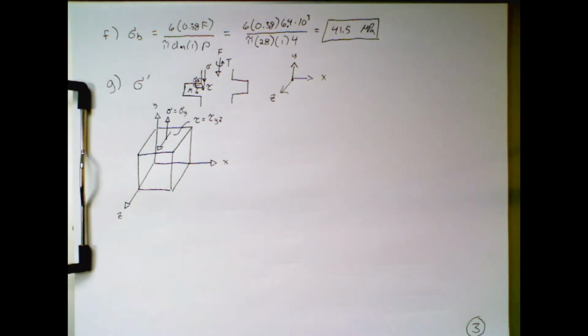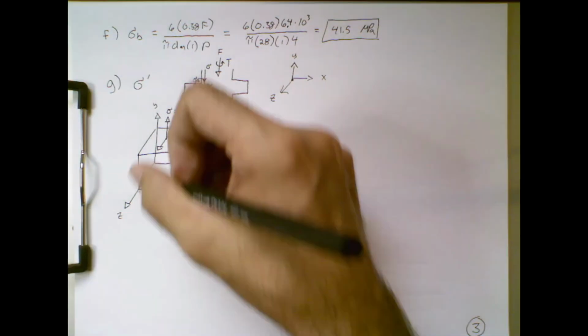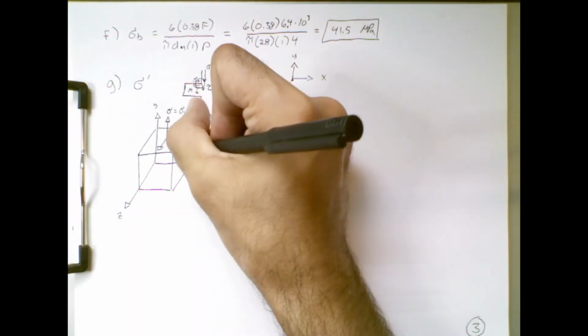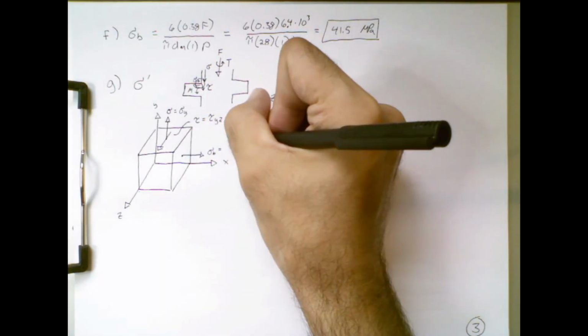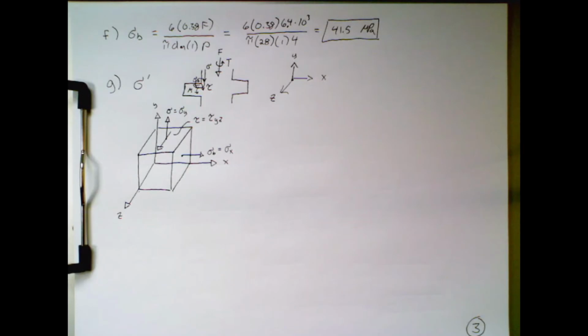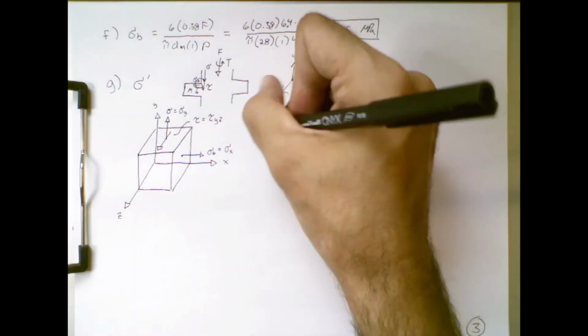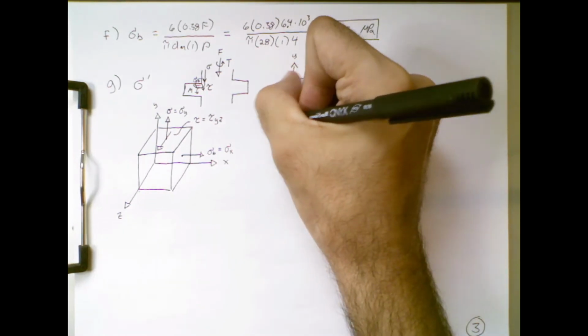If we pay attention to the direction that the bending stress is acting, that will act on this plane, and that's going to be equal to the normal stress in the x direction. Now, all of the other stress components in this system are zero, so we really only need these three numbers to describe the stress state.